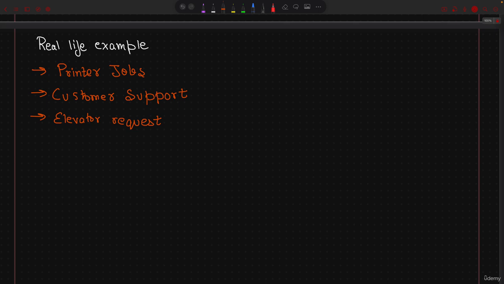In many places the order in which you give the request to an elevator is how it gets executed. And one more can be task scheduling. The way we schedule tasks also follows a queue: first do this, then do this. So this is overall the basic real life examples of your queue.